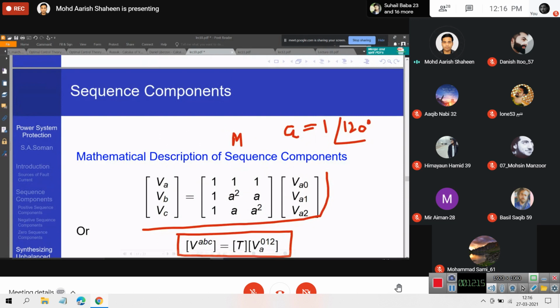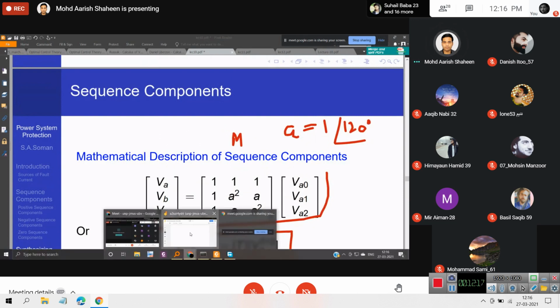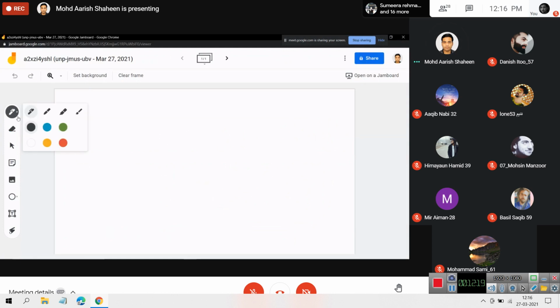Okay? In fact, let me draw it for your reference. So basically, if you look at these three quantities, 1, A, A square, these are known as cube roots of unity. ठीक है, आपने पढ़ा होगा maybe class 11th में.